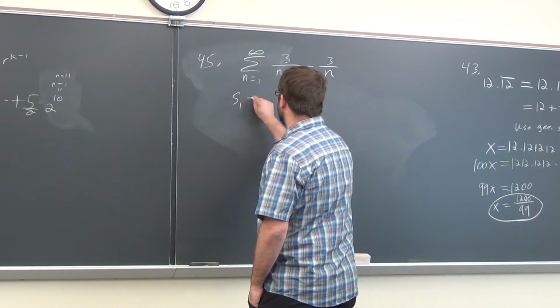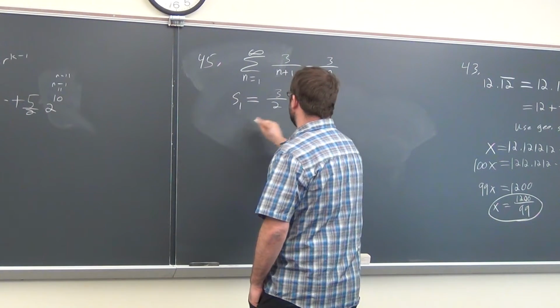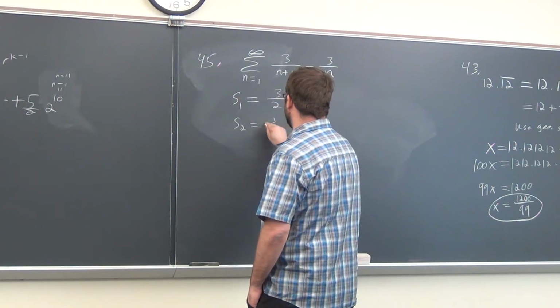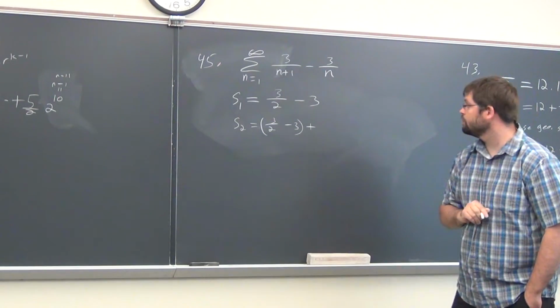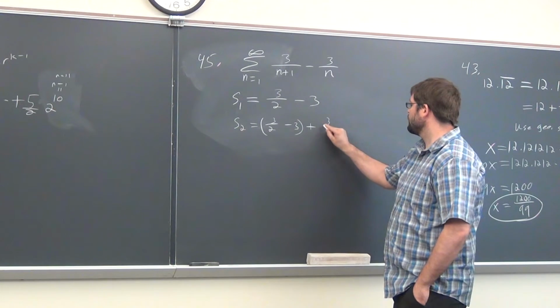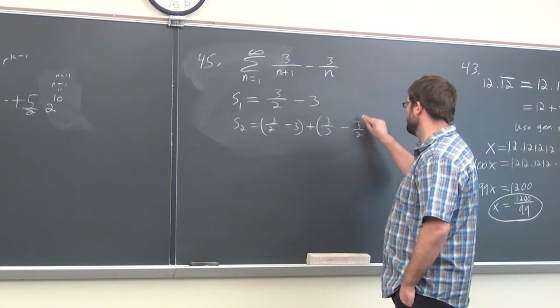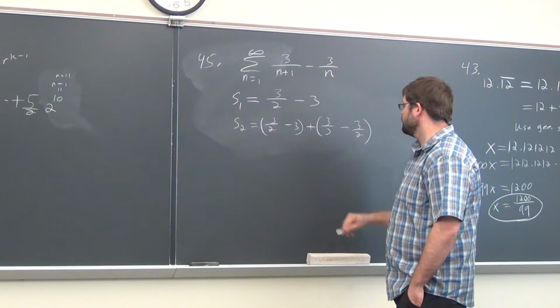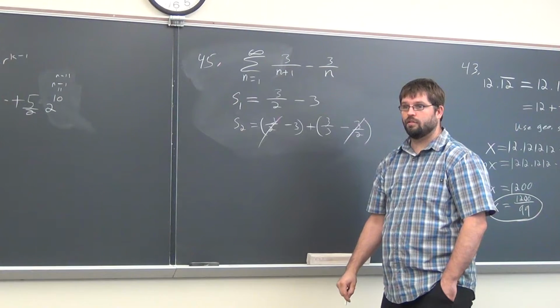So what's S sub 1? 3 over 2 minus 3. 3/2 minus 3. What's S sub 2? Well, it's 3/2 minus 3 plus what? 3 over 3 minus 3/2, good. So we get that, right?